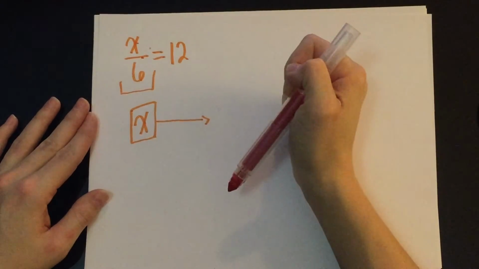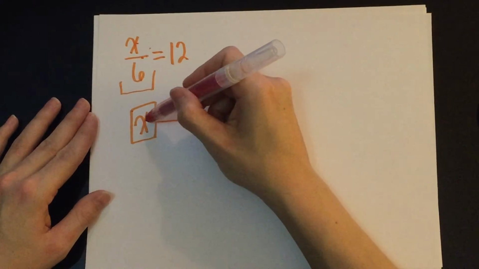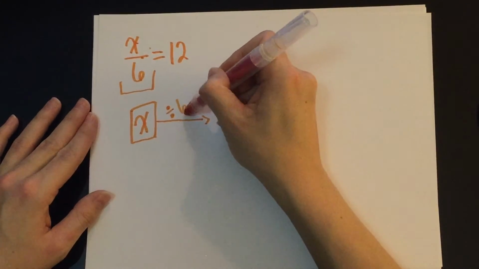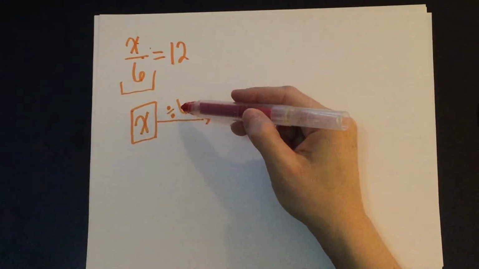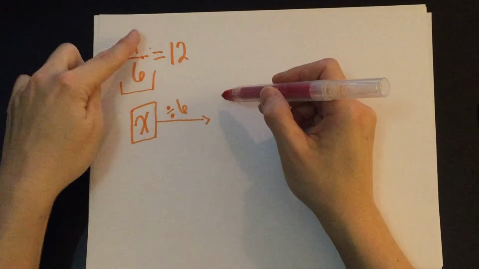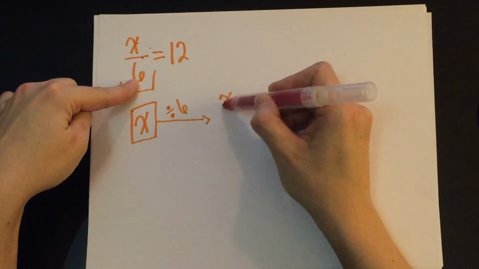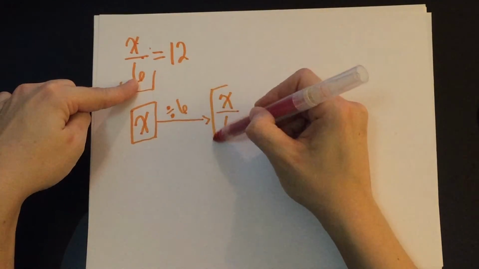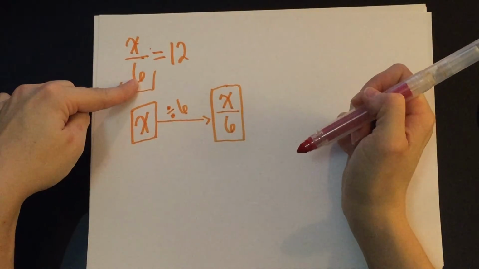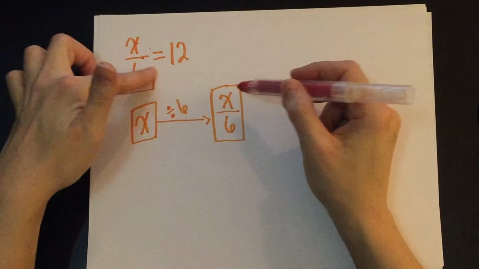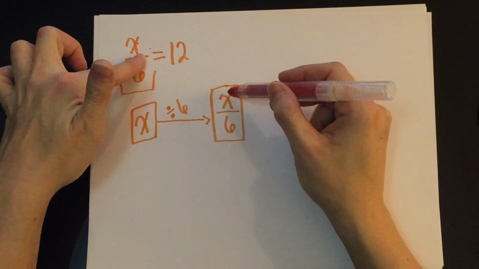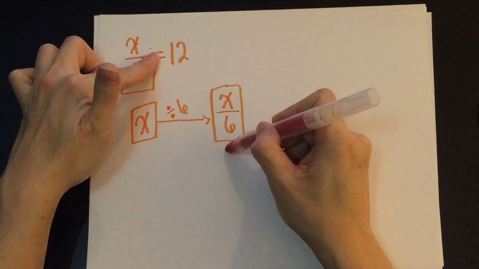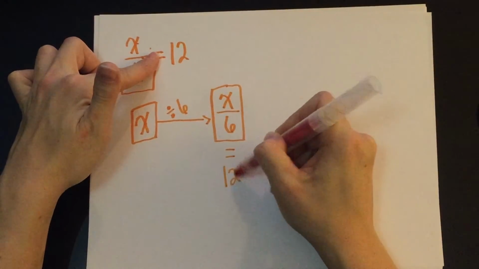In this case, we're being divided by 6. So to flow from this box to the next, we divide by 6. And x divided by 6 gets us x divided by 6. Now there's nothing else happening here, no addition or subtraction, so we're done building this side of the equation, and we can bring in our equals 12.